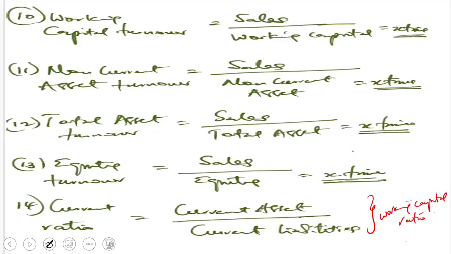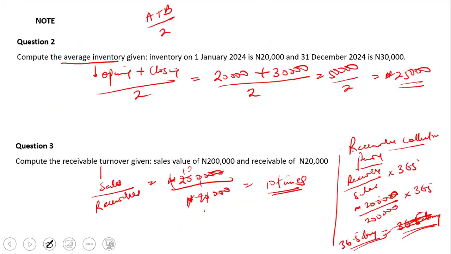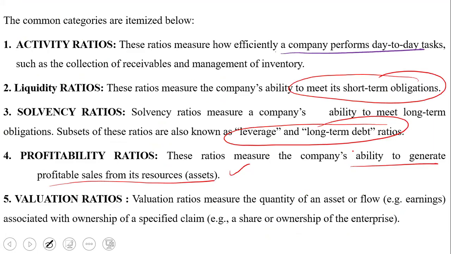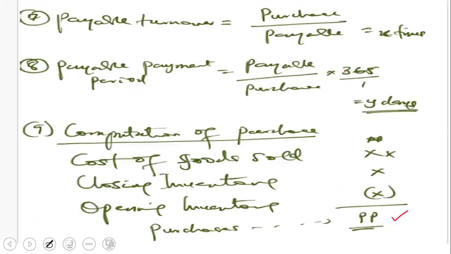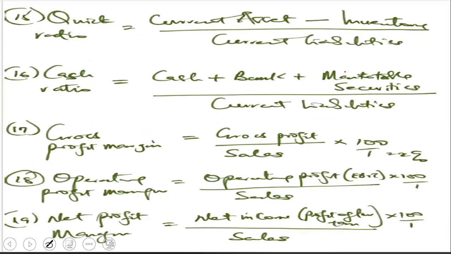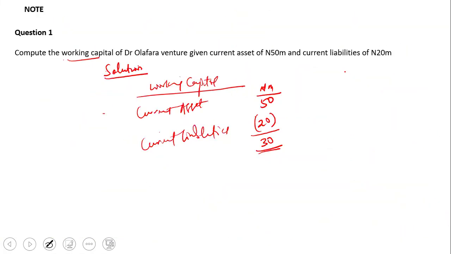So that's our activity ratio, number 3 to number 13. There is also a solvency ratio, which you will see from number 14 to 16.